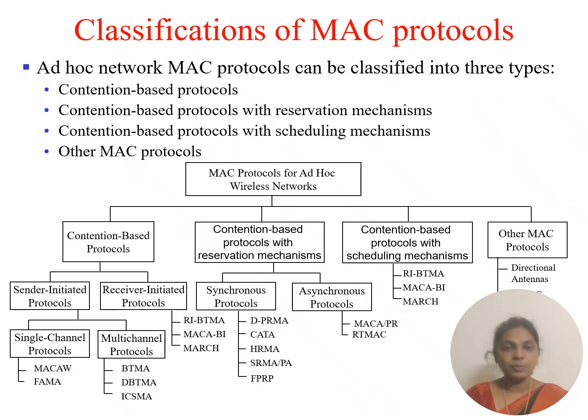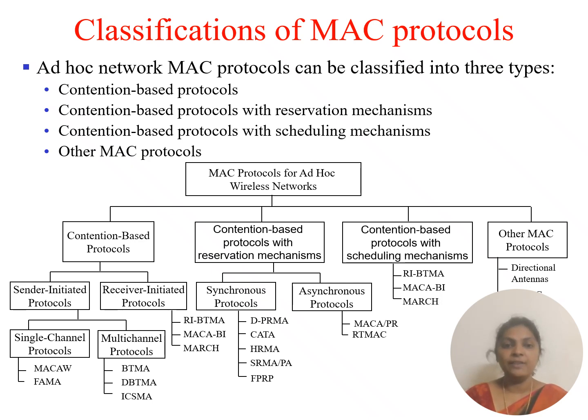Now let us see some of the classification of the medium access control protocol. As you can see here, the categories of the medium access control protocols for ad hoc wireless networks are given in this picture. So we have four basic categorizations, of which the top three are the major ones. The first one is the contention based protocols.